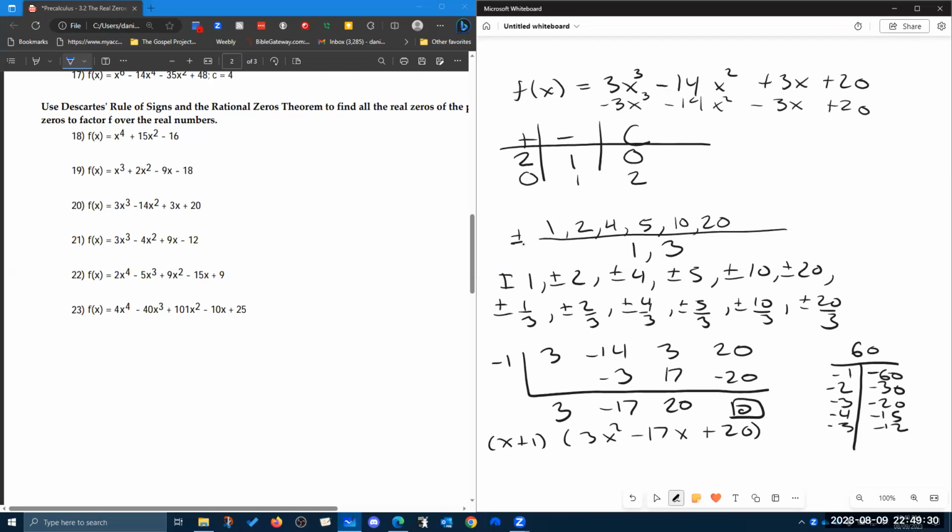There it is. So x plus 1 times 3x squared minus 5x minus 12x plus 20, group and group.